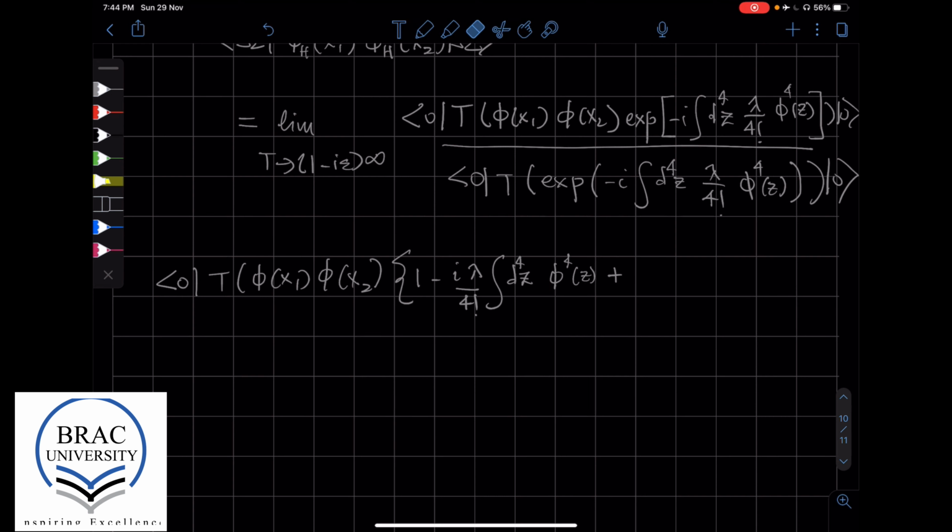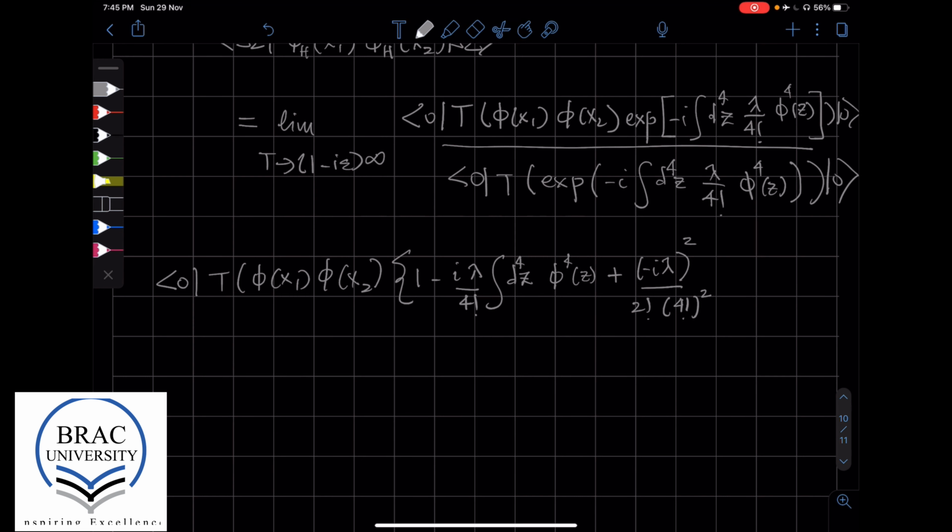Then the second order term is going to be minus i lambda squared divided by factorial of 2 and then factorial of 4 squared.